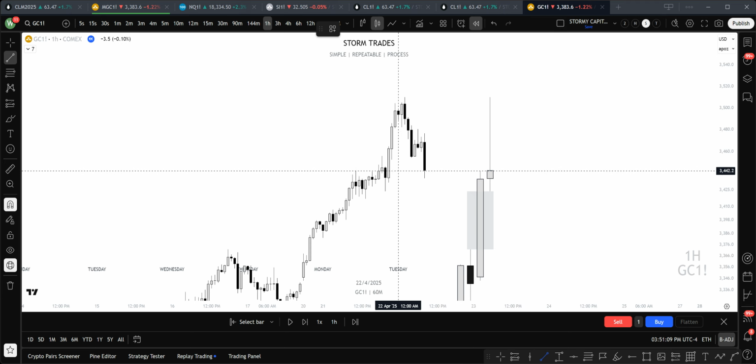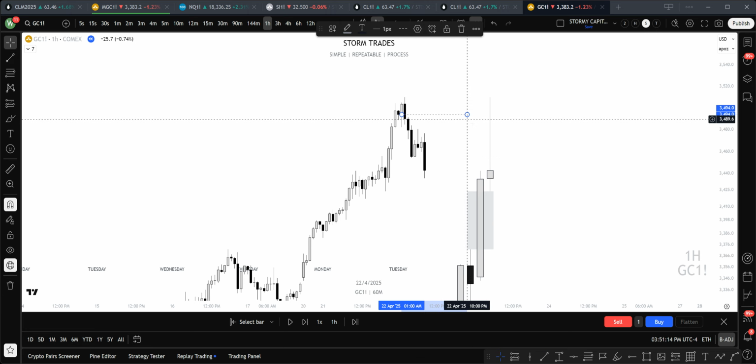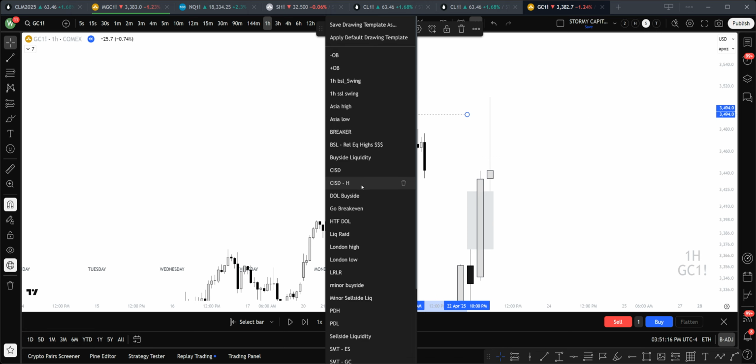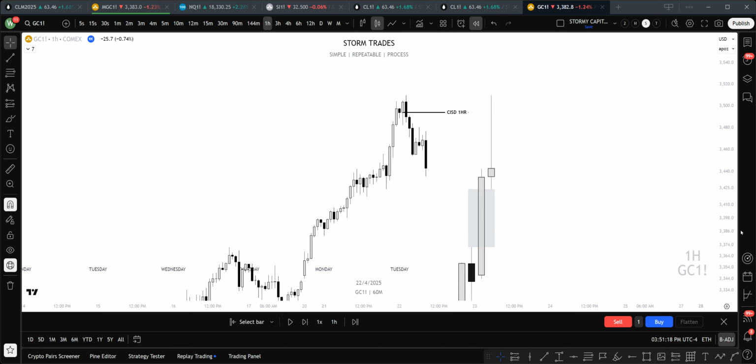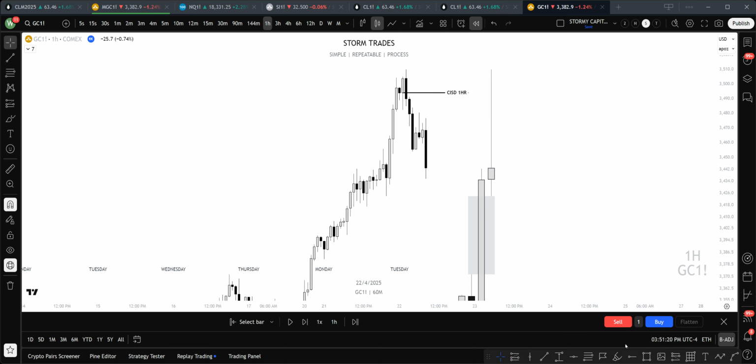And so what you'll typically see in a wick like that is a change in the state of delivery. So we actually have that right here. And that is confirmed, even though it's relatively small, by this fair value gap right here.